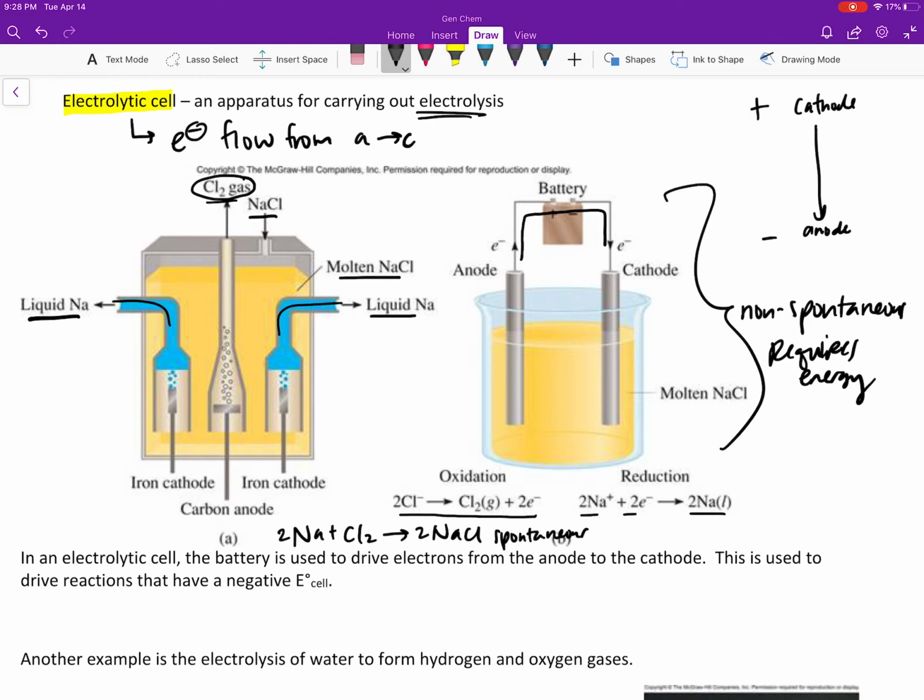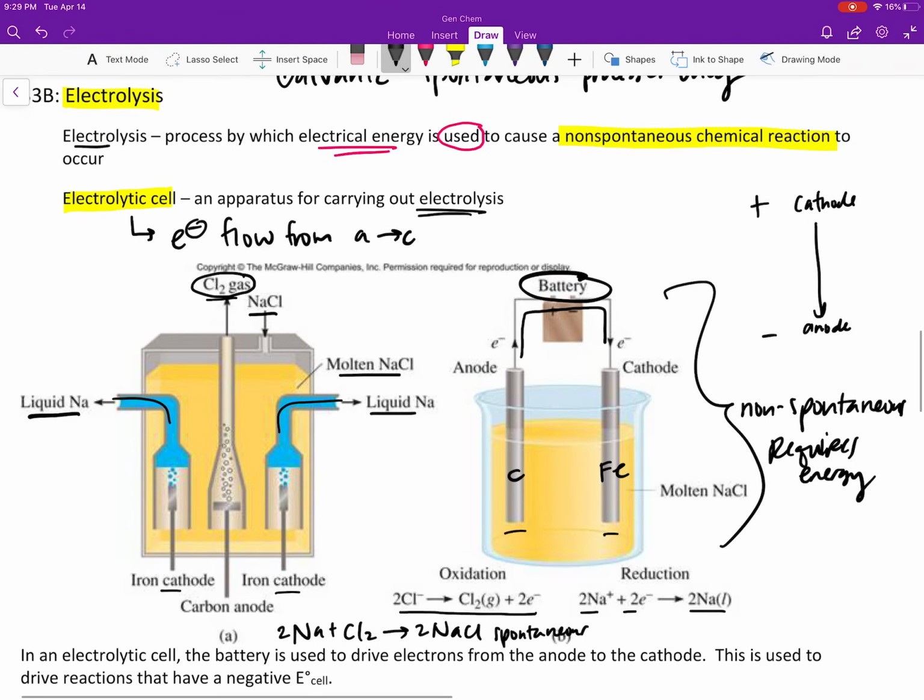If we looked at what the electrochemical cell setup would look like, you have your anode and your cathode, which we see here the iron is the cathode, and the anode is carbon. Electrons are still going to flow left to right, just as we said, but there is going to be a battery which is providing that electrical energy.